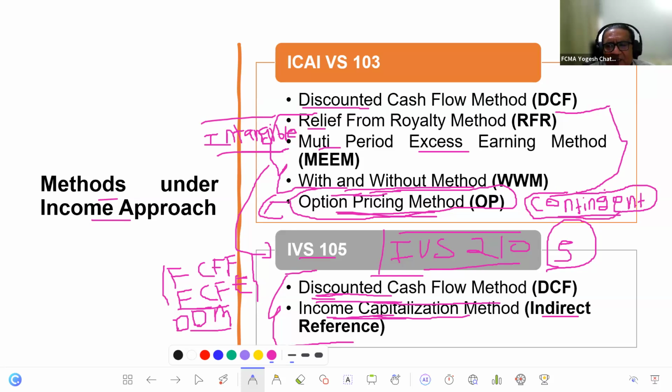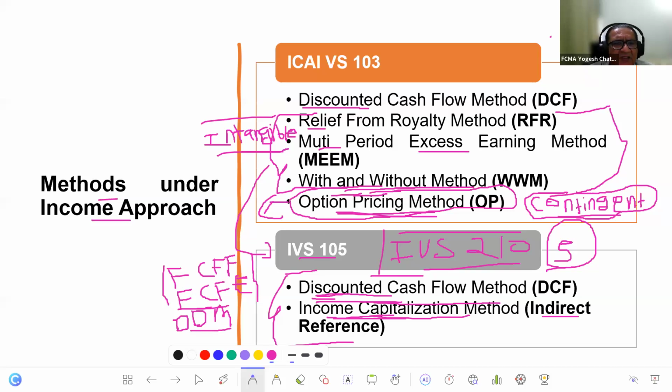Therefore, it is a contingent method, and you must have heard about the binomial method of option pricing, the Black-Scholes method of option pricing, and the Monte Carlo simulation method of option pricing.